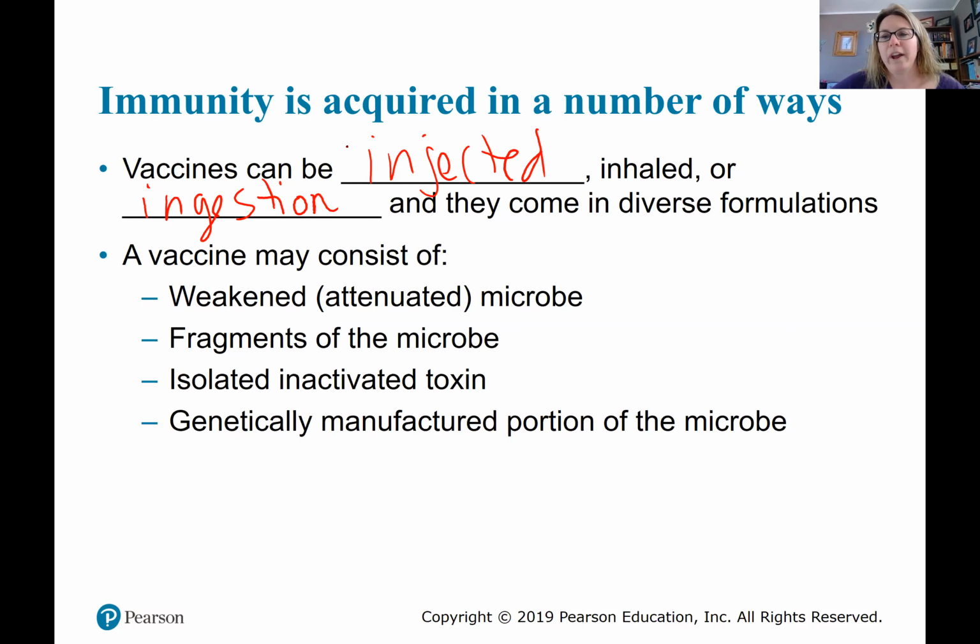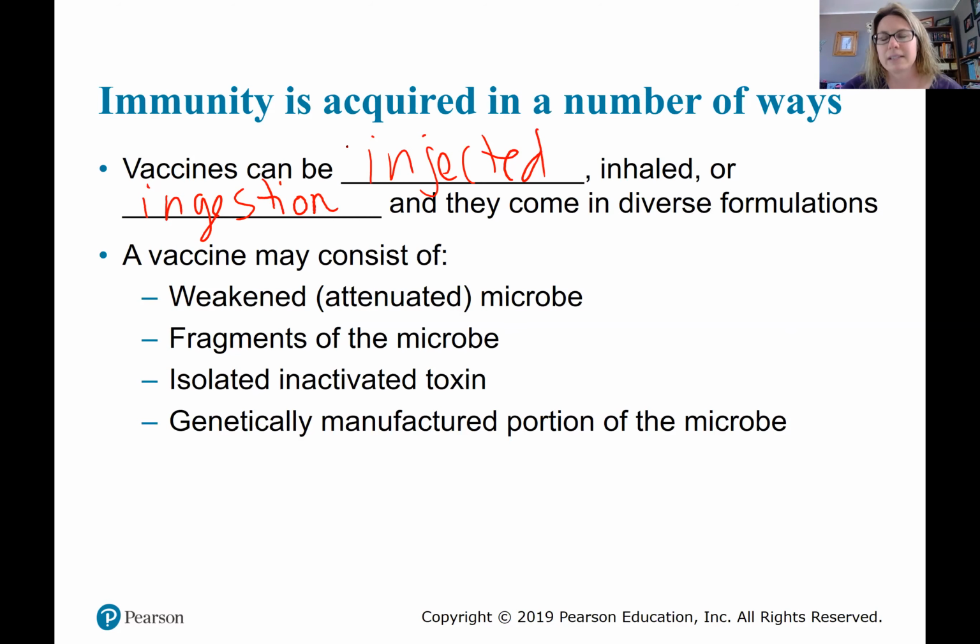So what are vaccines? A vaccine is essentially an antigen that's administered to the body, whether by injection, inhalation, or ingestion. The body recognizes that antigen as foreign and starts to build an immune response to it and build immunological memory. Maybe jot that down.